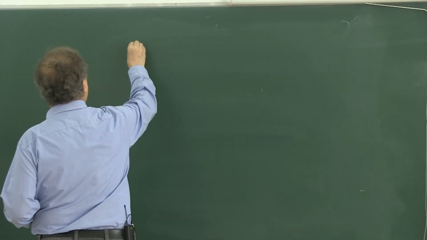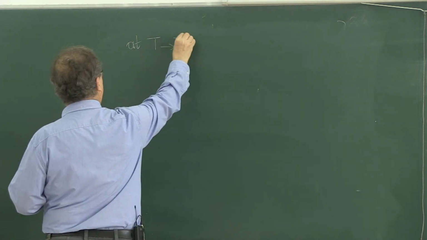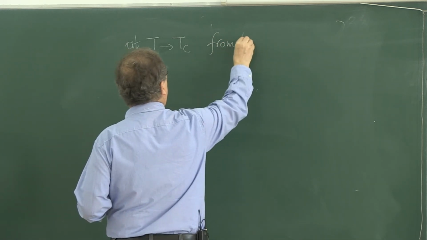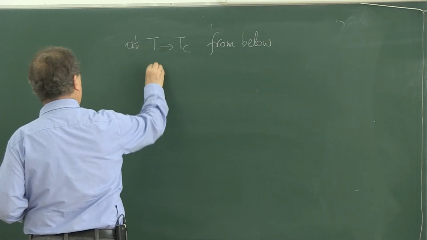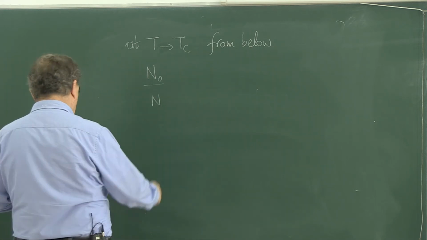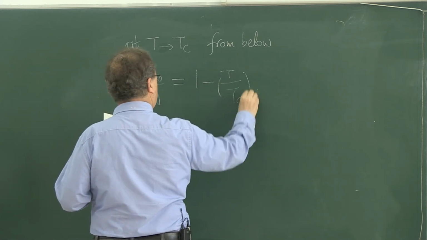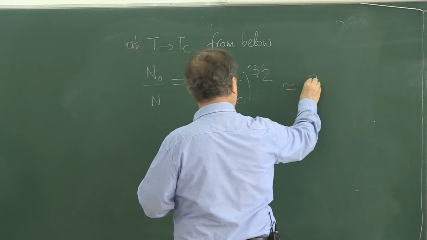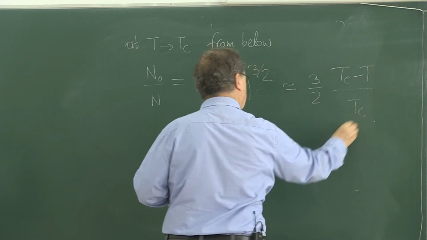Well, at T equals Tc, or T going to Tc from below, try to understand what I mean by this. N0 over N, the number in the ground state, is 1 minus (T over Tc) to the power 3/2, or approximately 3 over 2 times (Tc minus T) over Tc.